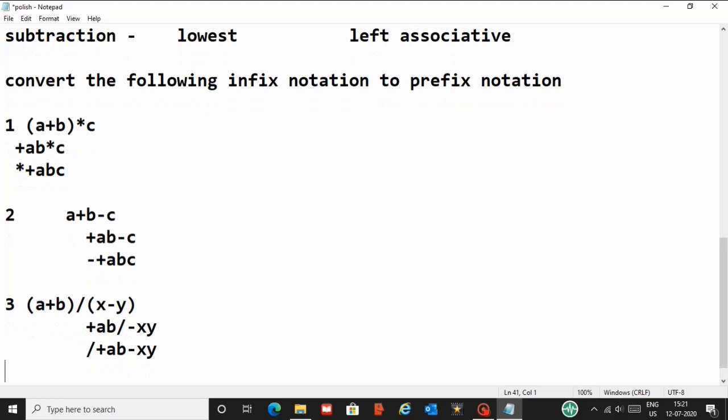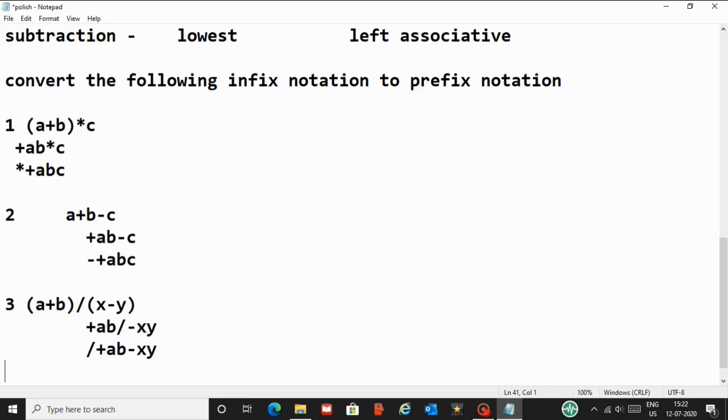Since I have two brackets here, I have done A plus B by X minus Y. So I will do brackets first. The first bracket is plus AB, and division remains as it is because I have one more bracket down, minus XY. Once I have done minus XY, again I will not be doing it.